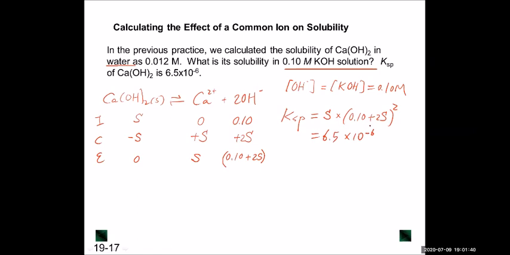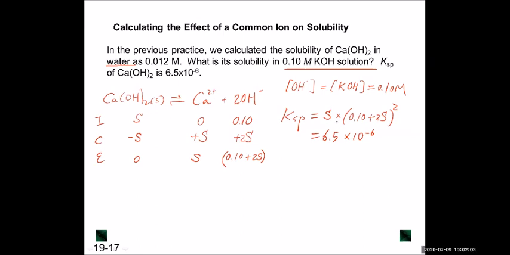Okay, so the next step, we should distribute and then finally set up an equation and solve it. But unfortunately, this equation, I don't think we have learned enough to solve. And we have to use approximation. So look at the number, how can we do the approximation?